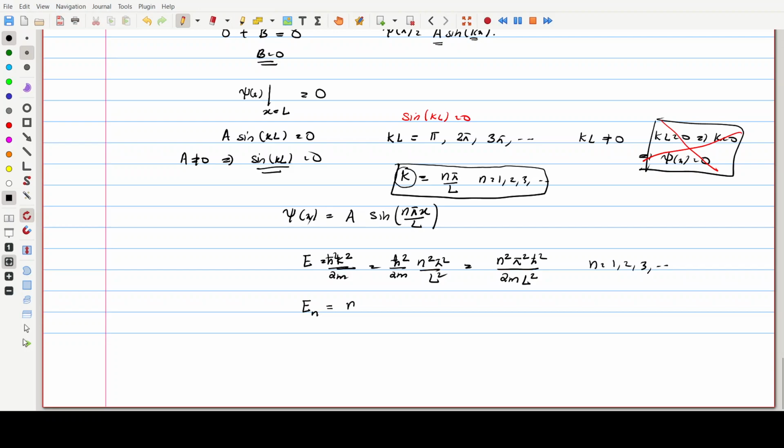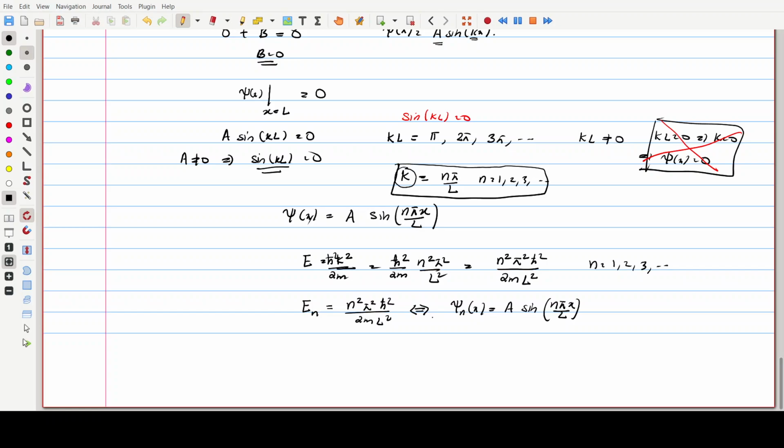So E_n is n square pi square h bar square by 2mL square, and the corresponding wave function I am going to denote by the symbol psi n of x, which is equal to A sin(n pi x by L). Okay, so we have found the psi n.